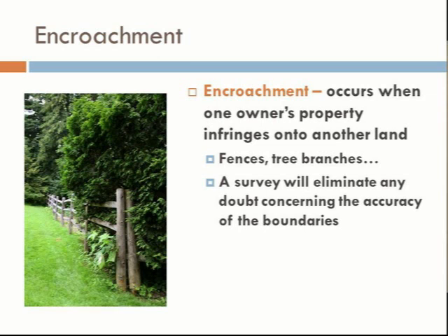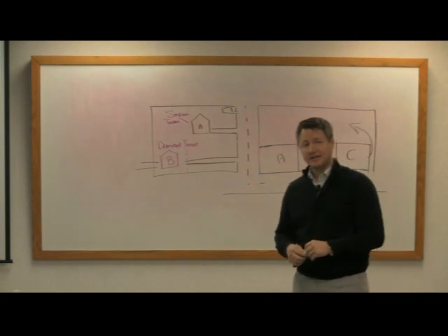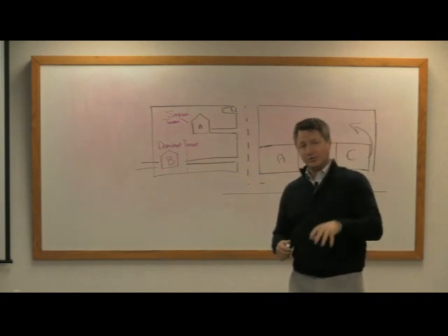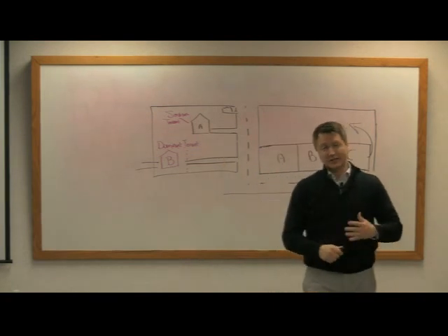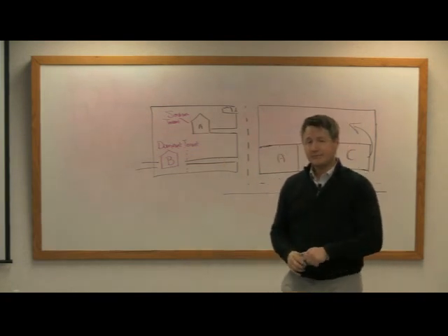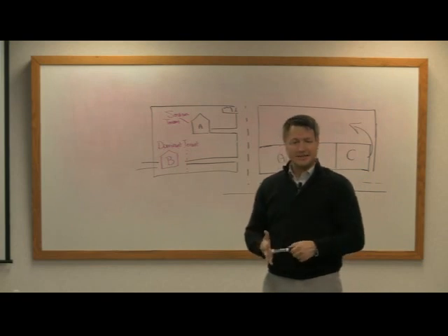Encroachment is different than an encumbrance. And because they are similar, you could see them being used on a test to try and mess you up. Encumbrance, remember, is what we have when we have an easement. It's a burden on the title. And an encroachment is when I have some of the owner's property infringing on my land.